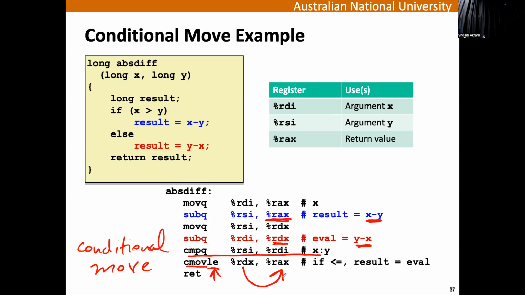You see how if this move is not executed, if the condition is not true, then this transfer will not happen, right? And RAX will have what? X minus y. If after this comparison, this condition is true and this conditional move does take place, RAX will have RDX, y minus x.